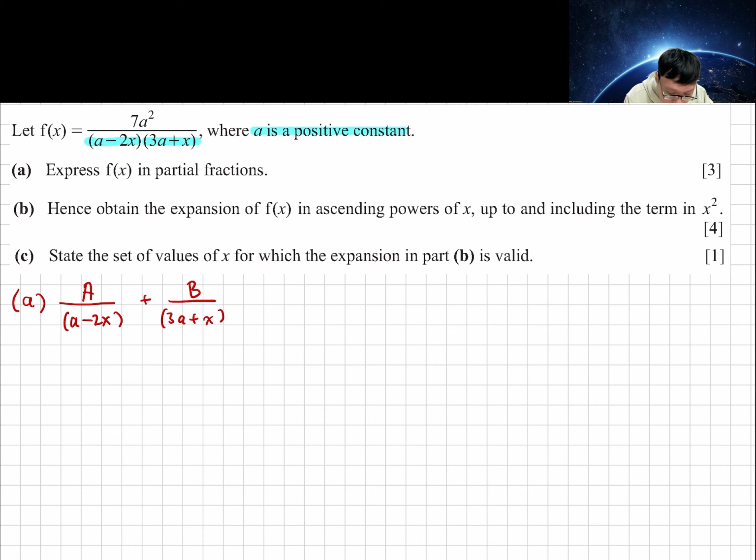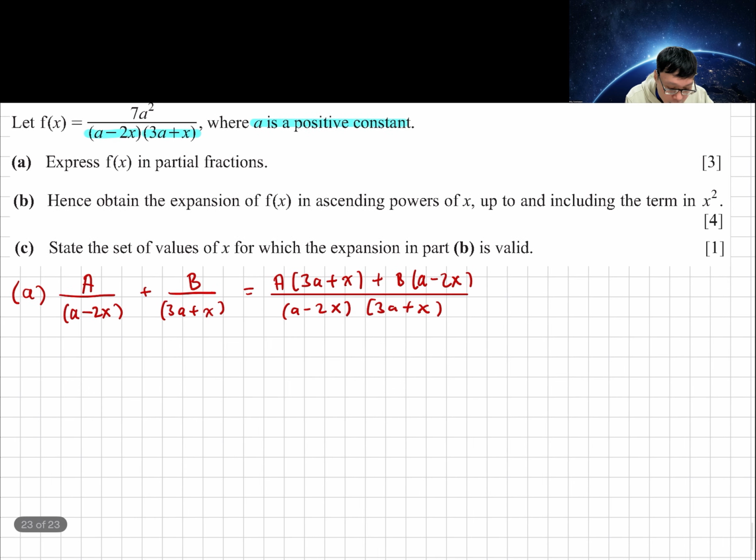And then we can combine them again. You get A times (3a plus x) plus B times (a minus 2x), over (a minus 2x)(3a plus x). Now we can just compare the numerator. We have 7a squared with all of this.